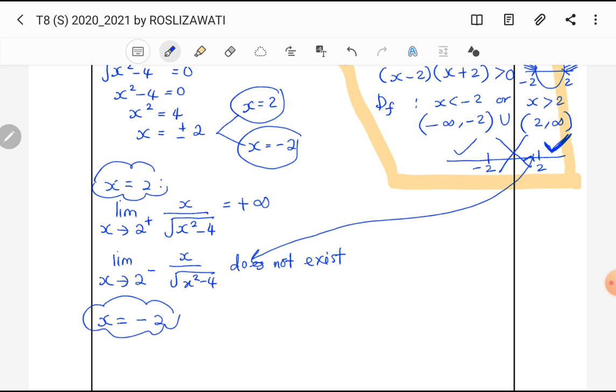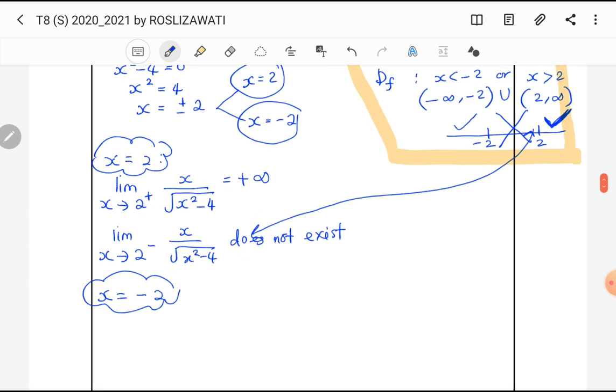Okay, kita dah settle dah x equal to 2. So, now x equal to negative 2. Okay, we will check limit x approaches negative 2 from positive. Negative 2 from positive. Okay, look at the domain.